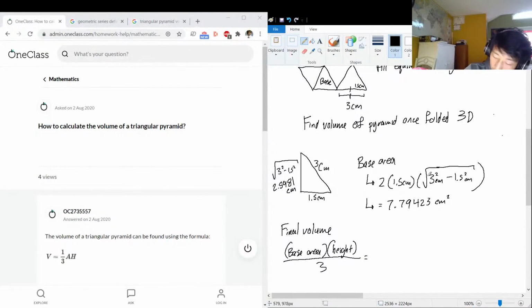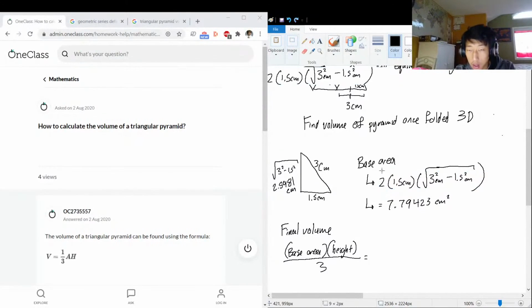So let's write in our full equation for the base area. Guess we'll have to rewrite it because technology is hard. 2 times 1.5 centimeters.